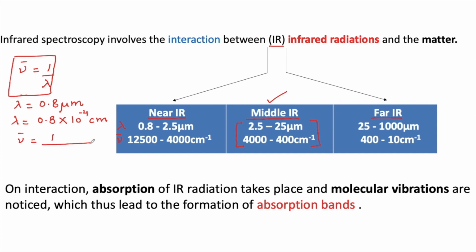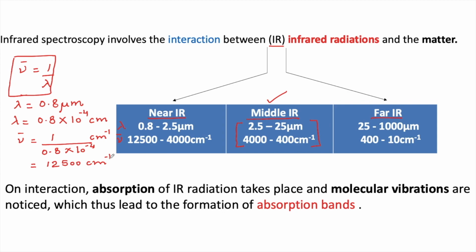So 1 by 0.8 times 10 to the negative 4. As we are doing the inverse, we will get here centimeter inverse. And on doing the calculations, you will get 12,500 per centimeter. So this expression can help you to carry out all the conversions which are shown here.